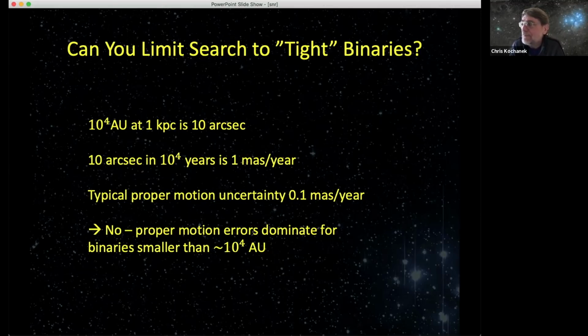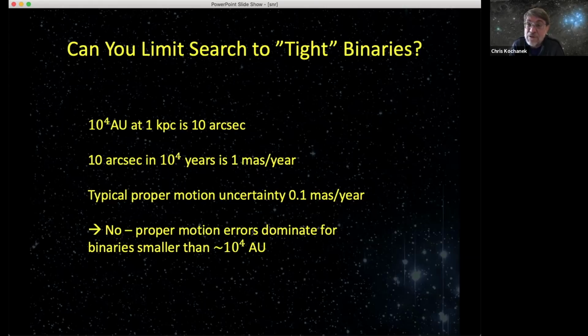And here are just the numbers, to give you the scale. A 10 to the 4 AU binary at 1 kiloparsec is 10 arcseconds across. To move 10 arcseconds in 10,000 years, a fairly young supernova remnant, takes a proper motion of a milliarcsecond per year. The typical proper motion uncertainties on a good day for this problem are about 1/10 of a milliarcsecond per year.